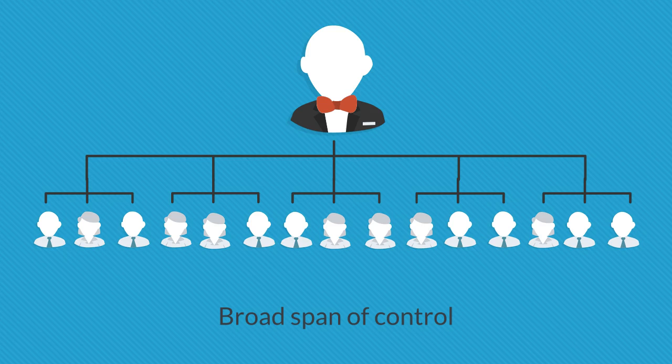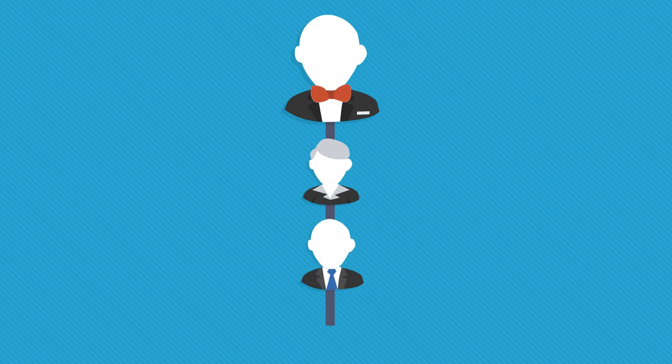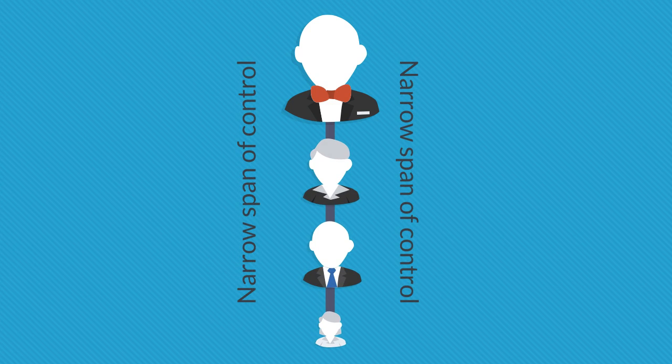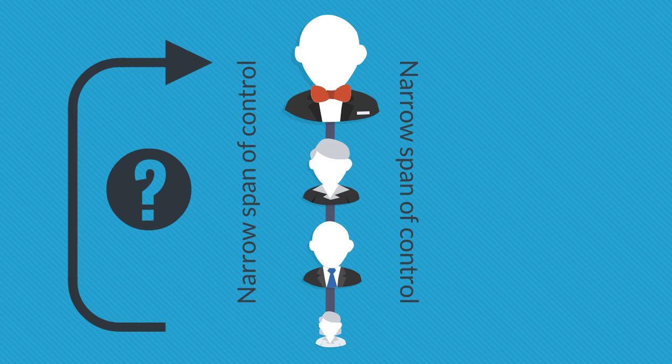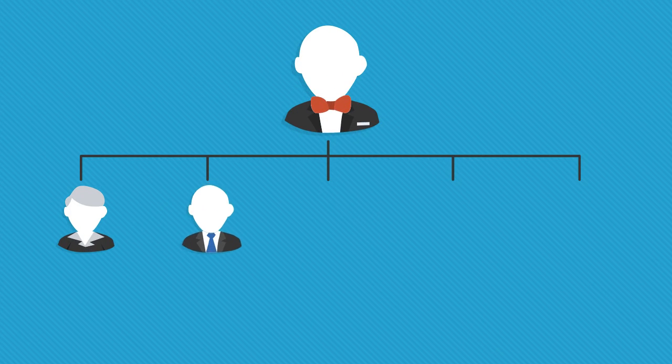Also, your span of control, which refers to the number of positions reporting directly to a supervisor, may become too broad, leaving you less time to work on your own contributions to the team. On the other hand, if the span of control is too narrow, you create a bottleneck for communication from top management to employees.